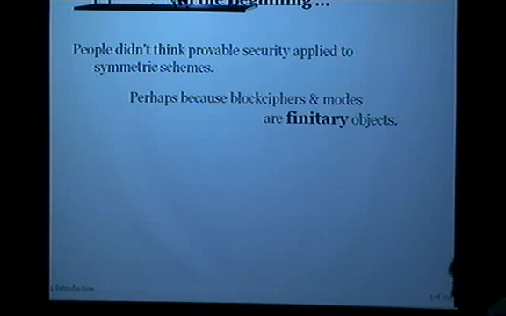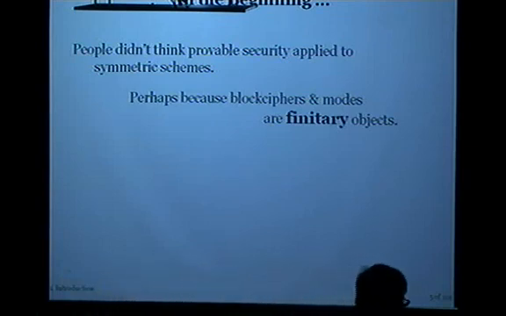In the beginning, and in the beginning I guess means the early, mid, late 80s, all the way until the early 90s, people assumed, either implicitly or in explicit statements, that this provable security approach was actually not applicable to symmetric encryption and other symmetric goals like message authentication.